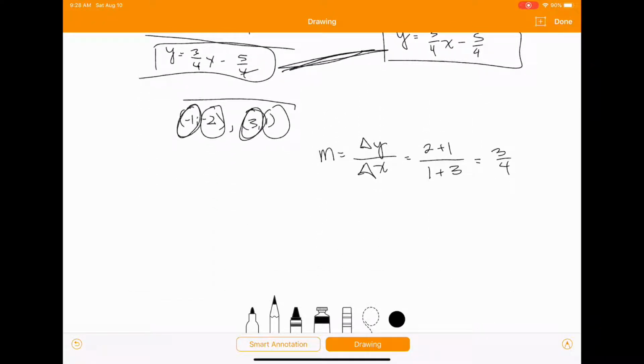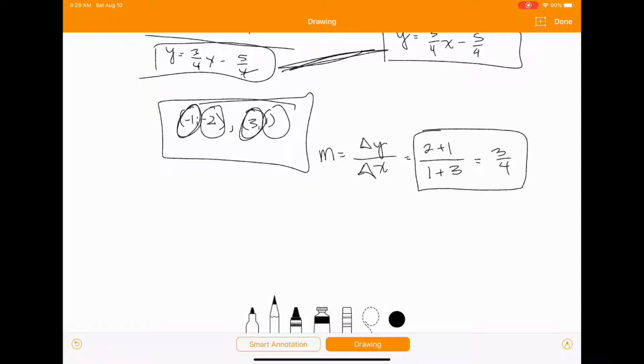Now, if you're going to do it this way and you don't know if your slope is positive or negative, if you can't visualize in your mind that -1, -2 is over here and 3, 1 is over here, so your slope's going to be positive, the best thing to do is when you're doing your math over here, just stay consistent. So name this ordered pair your first one, and this one your second one.